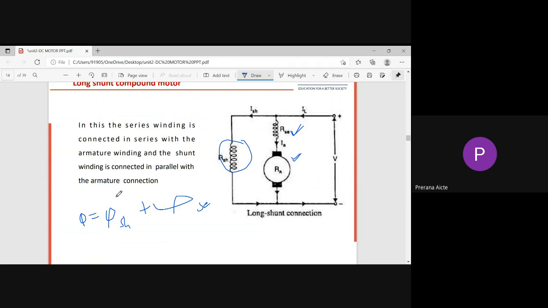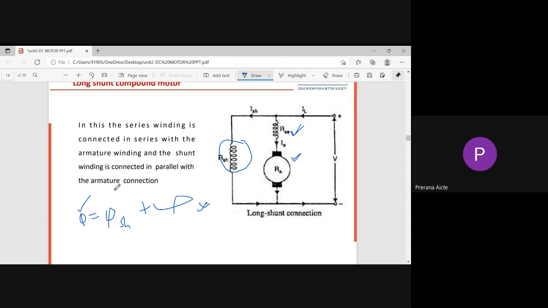Plus means we make the connection in such a way that the series flux produced in the series field winding adds to the shunt field winding flux, so the resultant flux increases under loaded condition.